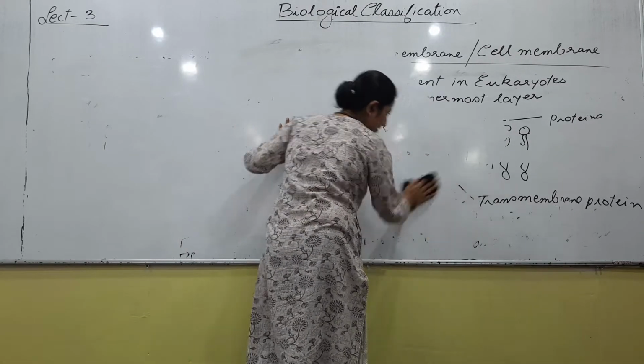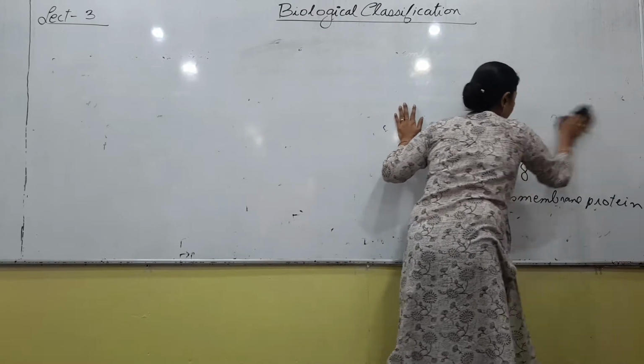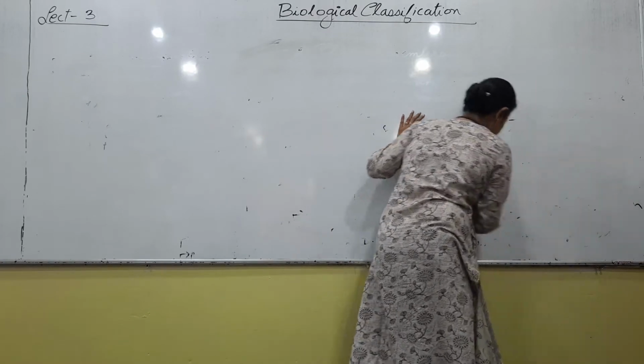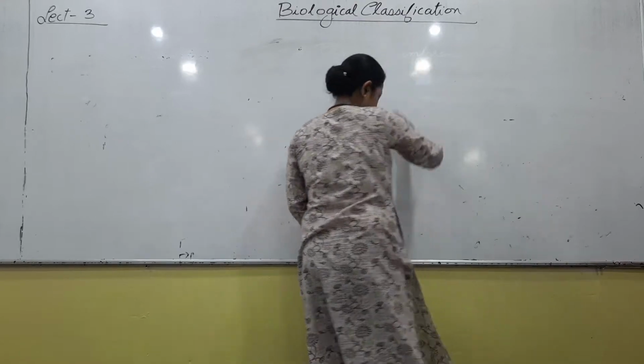So the next layer would be the cell wall. The first point is: it is a layer in between the capsule and the plasma membrane.